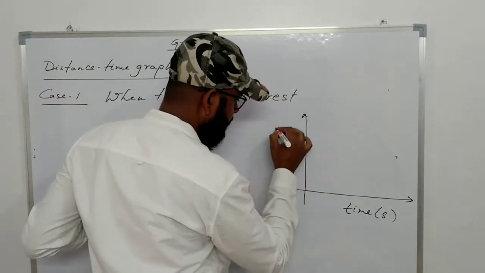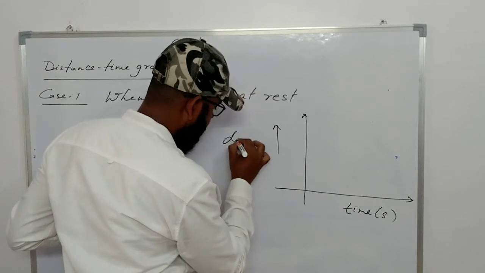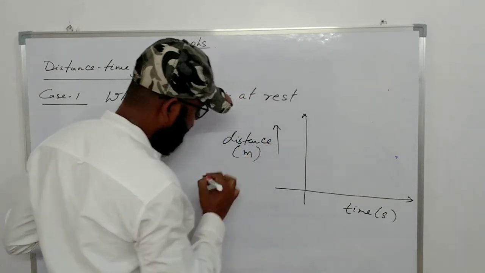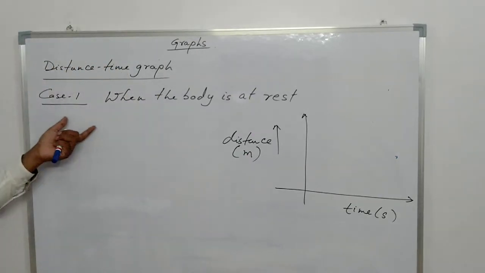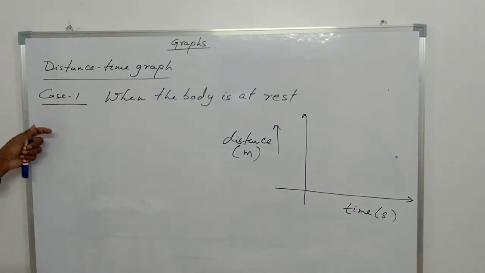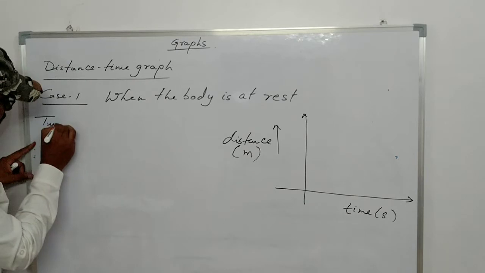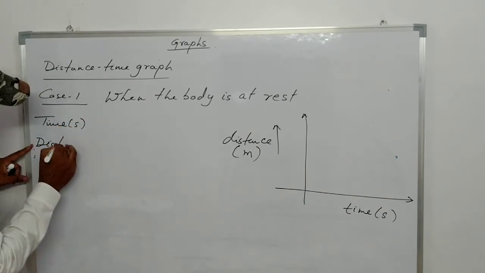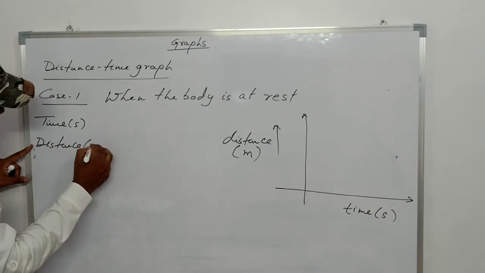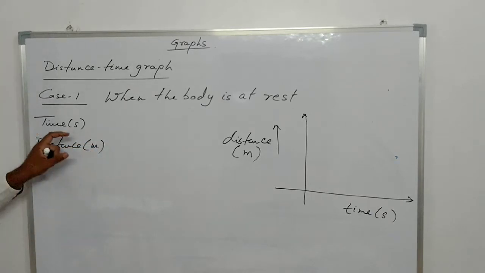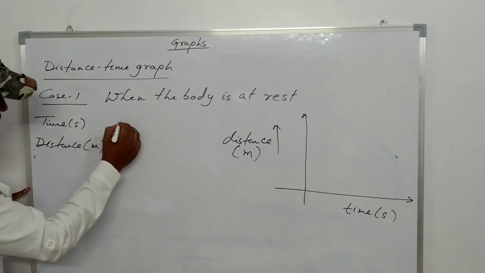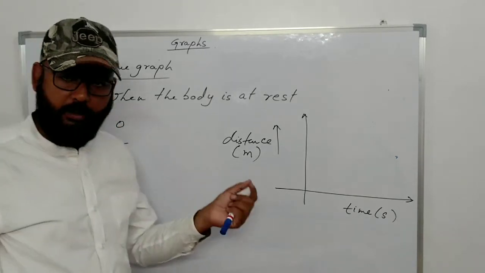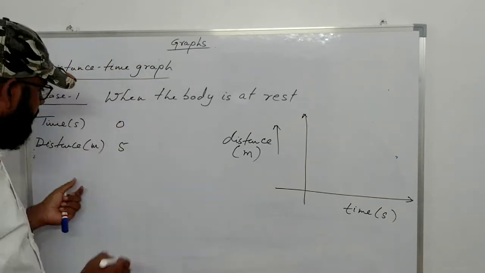Here distance, and distance is given in meters. Let's draw one table. Okay, suppose this is time in seconds. This is more convenient to understand. Suppose at initial time, the object is at 5 meters.